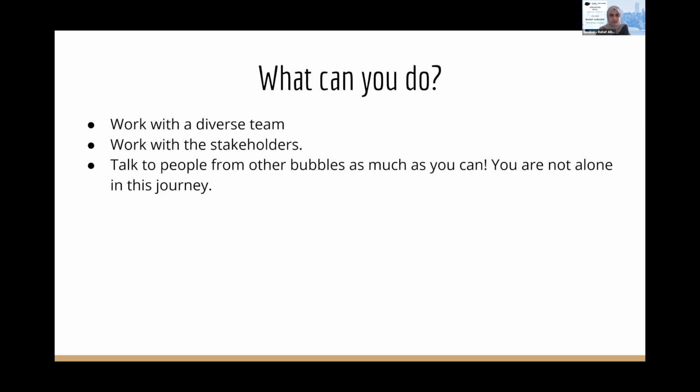Now let's talk about stuff that you can do right now, as of today. This is like the cherry on top of the three action areas that I have mentioned earlier. Stuff that you could do right now is work with a diverse team. Check the team that you're working with. Is it diverse enough?